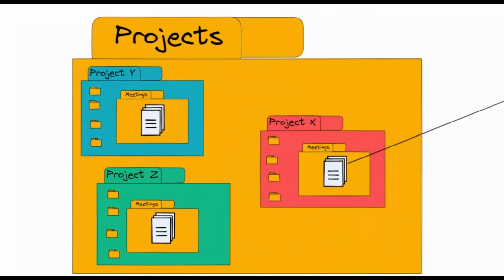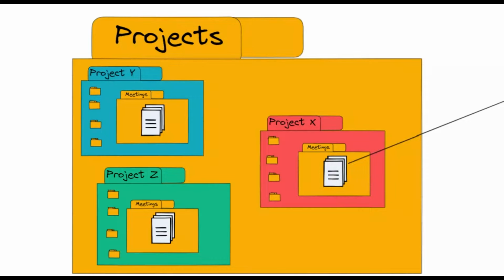So within your projects folder, you have Project Y, Project X, Project Z. And within these projects, you're going to have a bunch of different groupings or folders. One could be attachments, one could be PowerPoint slide decks that you might find of interest to this project.